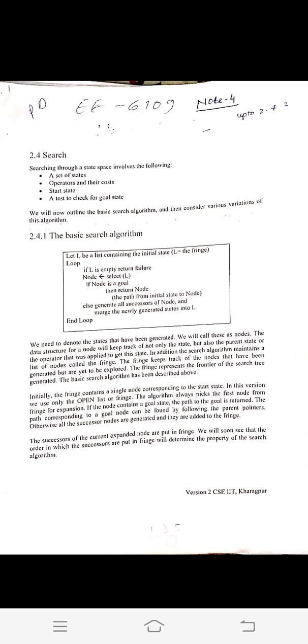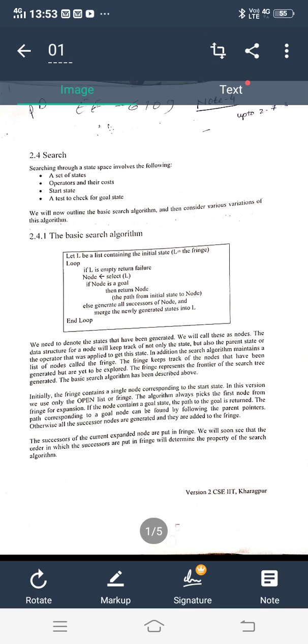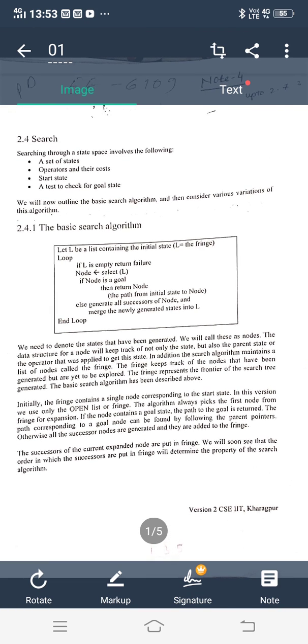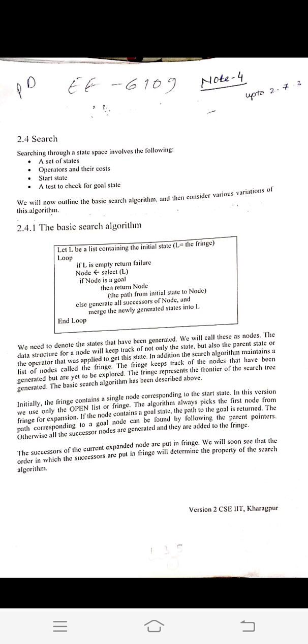Now we need to denote the states that have been generated. We will call these a node, as I showed you in the last class. The data structure for a node will keep track of not only the state but also the parent state or the operator that was applied to get this state. Operator means there we calculated the minimum distance; that was the operator in the last example.